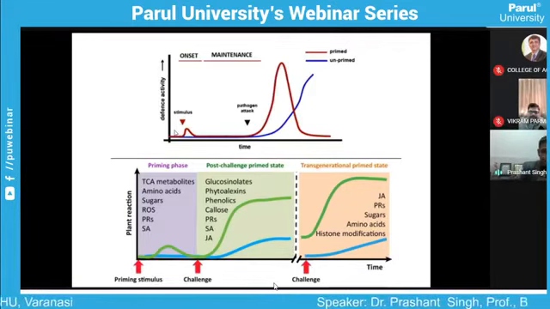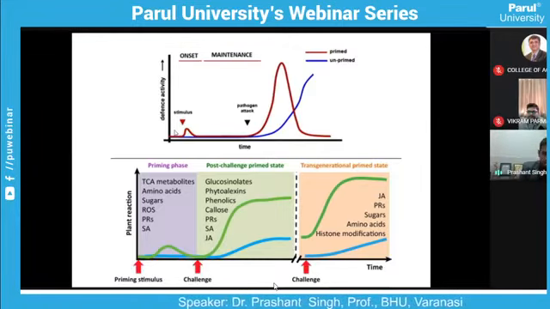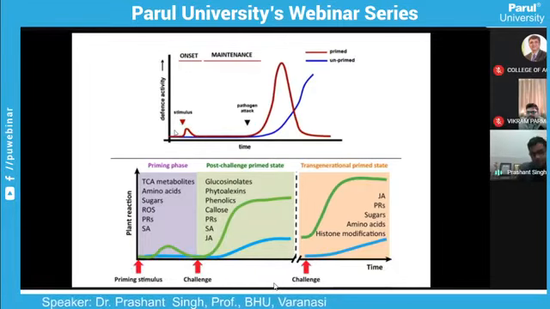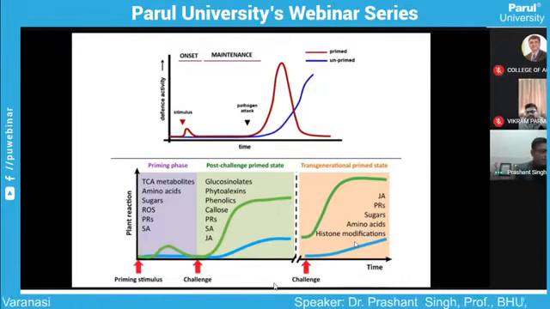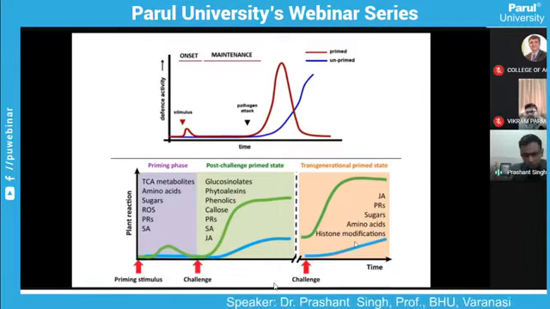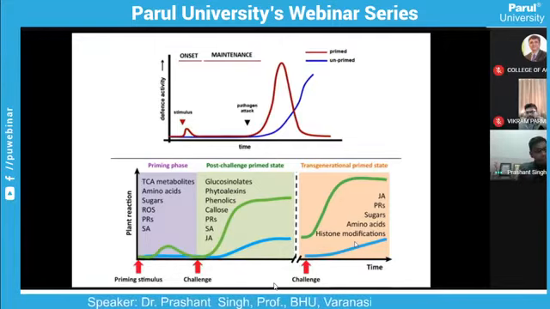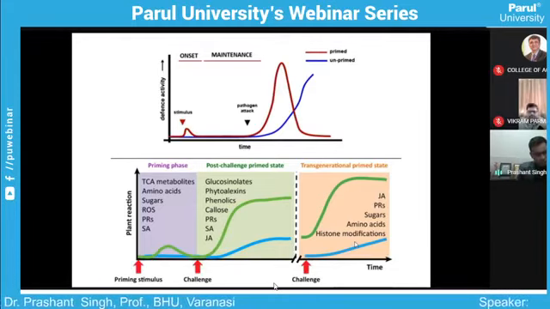Like the changes in the metabolites, in the amino acids, the glucosinolates, the PR, that is called the pathogenesis-related genes, the change in the defense hormones, jasmonic, SAR, as I told you before, the histone modification. There are a lot of changes. So you need to also monitor what are the changes taking place during the priming, what has been in the post-challenge, and what exactly is lying in this transgenerational prime stage. So these are the five points that we discussed: the priming, establishment of priming, long-lasting priming, transgenerational priming, and their mechanism.